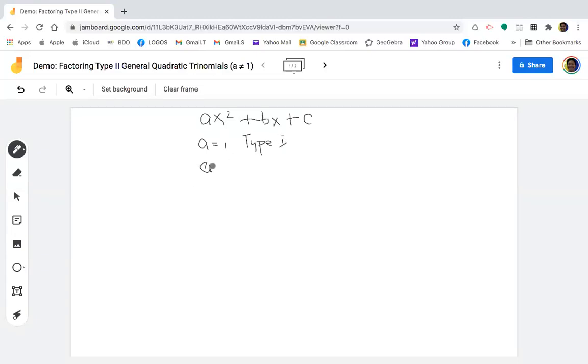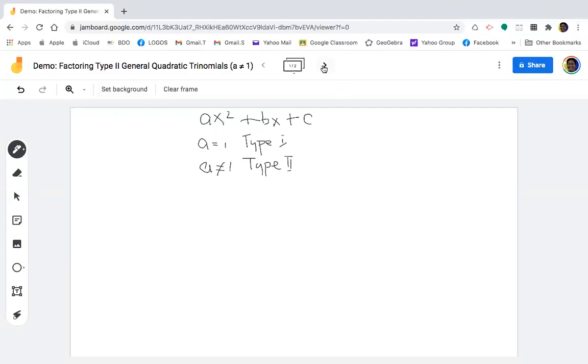Now, if a is not equal to 1, then it is a type 2 general trinomial. And that is the topic of this video: how to factor type 2 general quadratic trinomials.